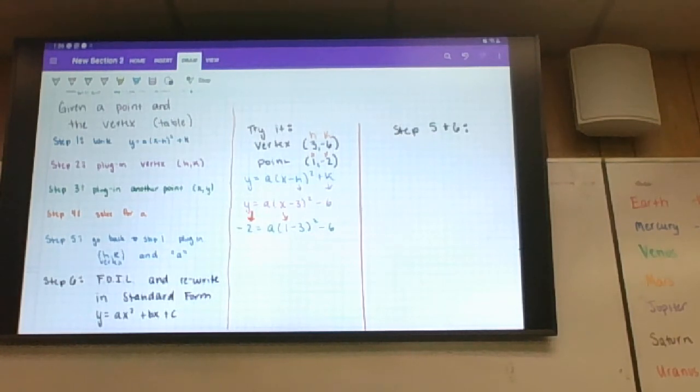So I'm going to do my order of operations, and I'll do these grouping symbols first. And then the exponent.